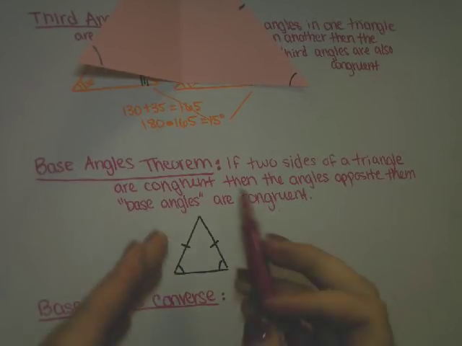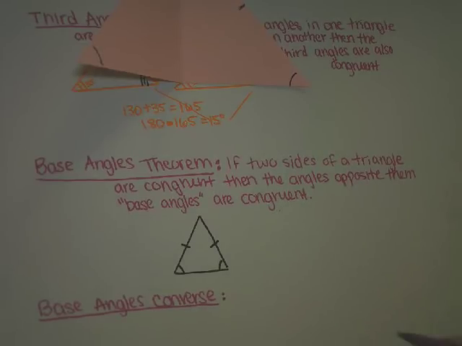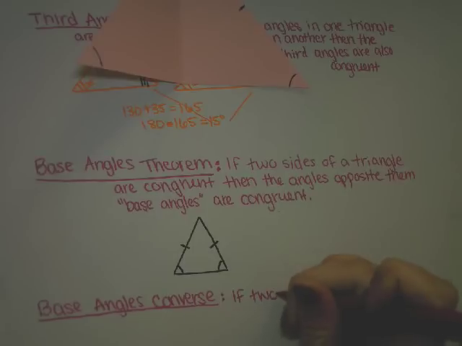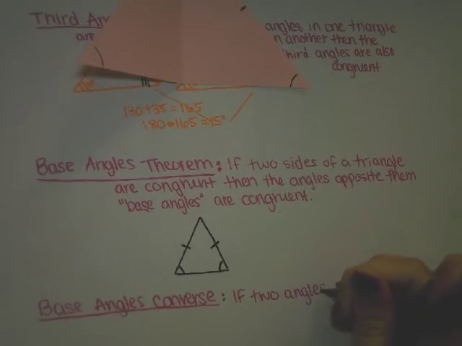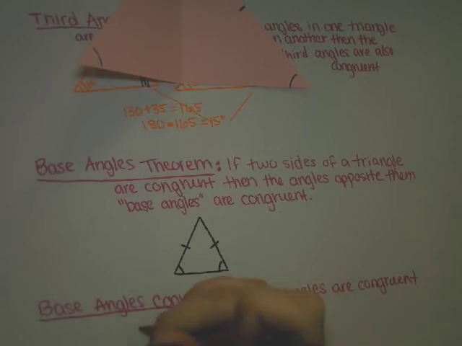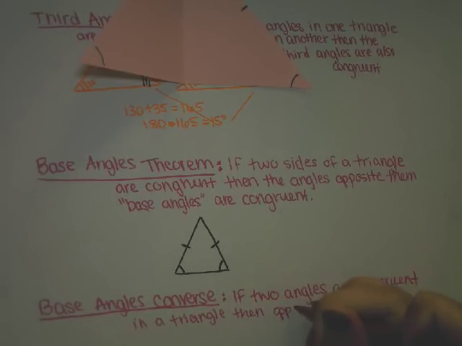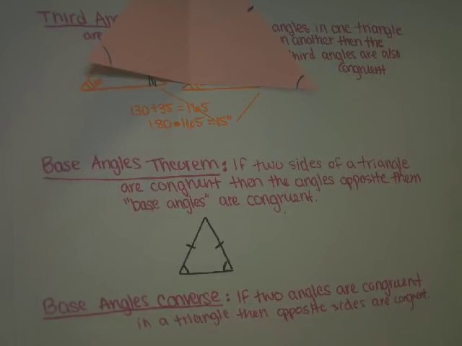So the converse of an if-then statement is just a flip of the hypothesis and conclusion. So we have that if two angles are congruent in a triangle, then opposite sides are congruent.